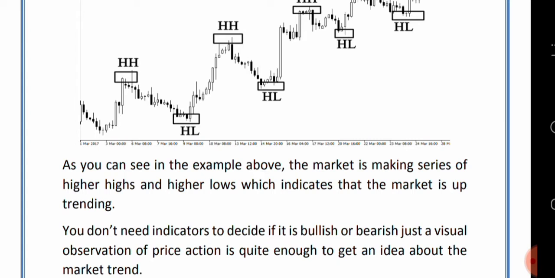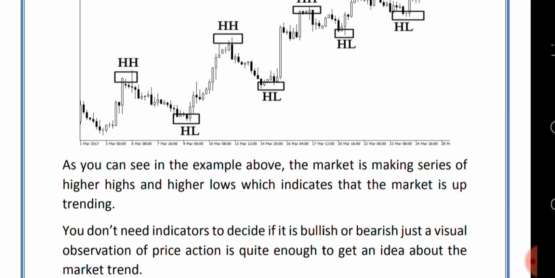Like I said earlier, you don't need indicators to decide if it is bullish or bearish. Just a visual observation of price action is quite enough to get an idea about the market trend.